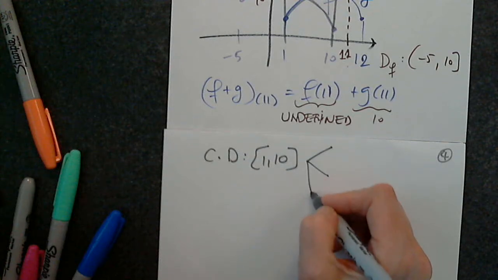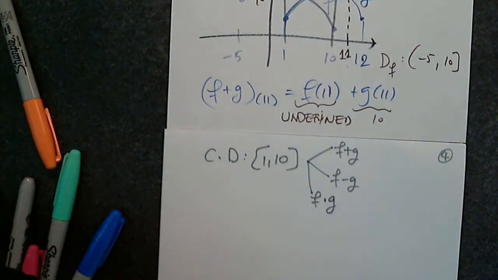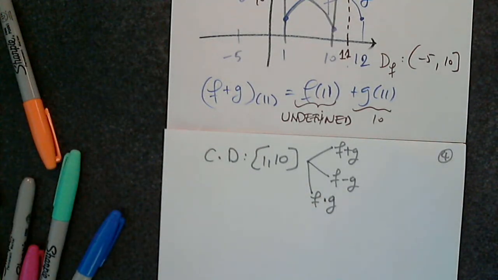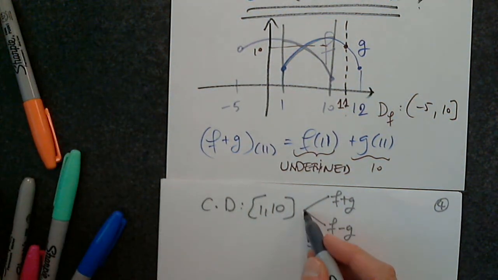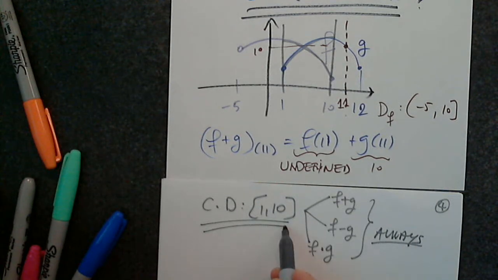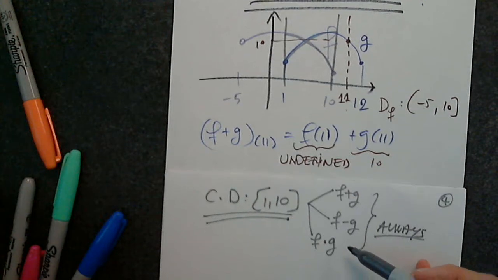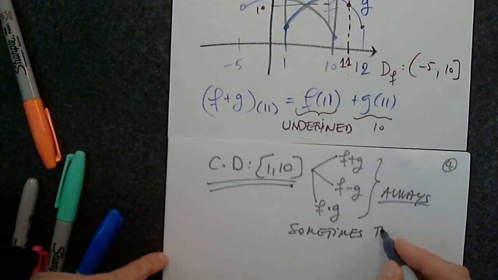That will be the domain of 3 functions: the sum, the difference, and the product. How come it's not always the domain of the ratio as well? Because g could be 0. In this case, since g is never 0, it will be the domain of all of them. But the common domain is always the domain of the sum, difference, and product, and sometimes, not always, also the domain of the ratio.